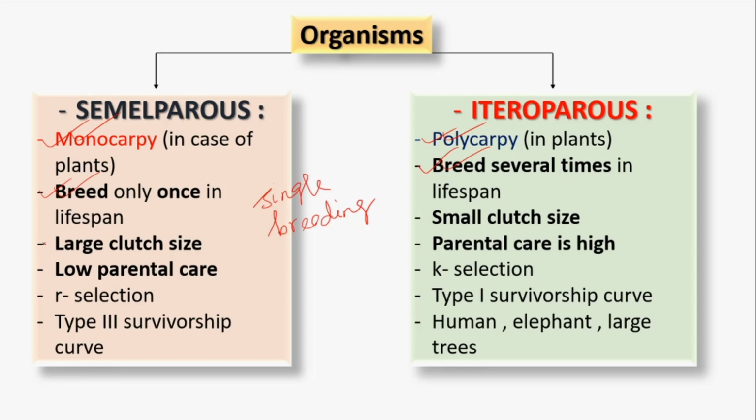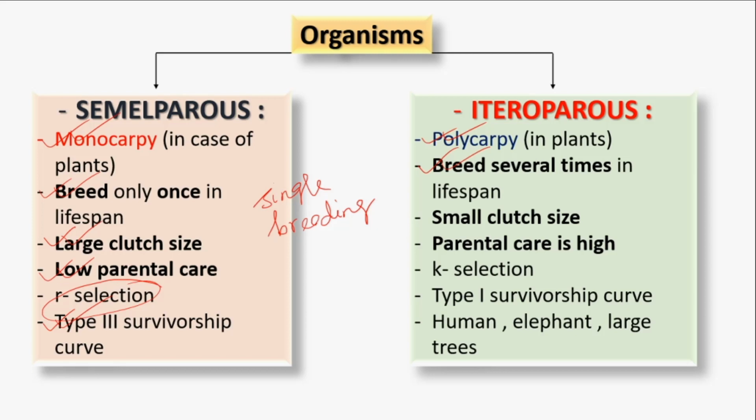The larger number of offspring means a large clutch size and low parental care, and these properties are shown by r-selected organisms, and they also show the type 3 survivorship curve, because they show a high mortality rate at the juvenile time and a low mortality rate after establishment.